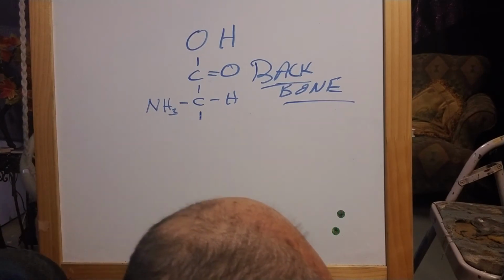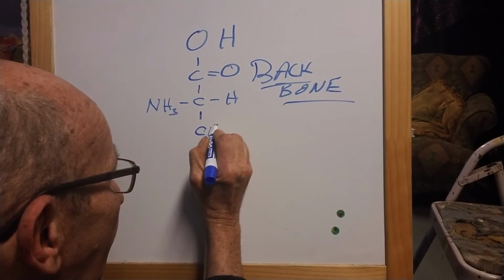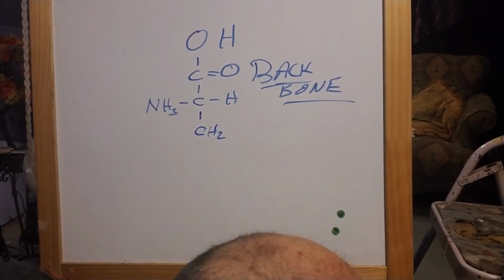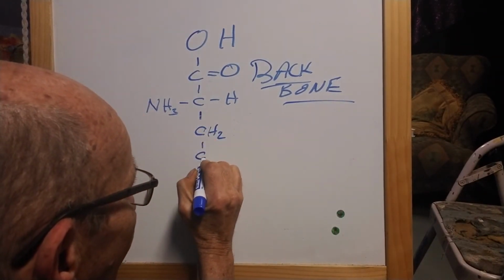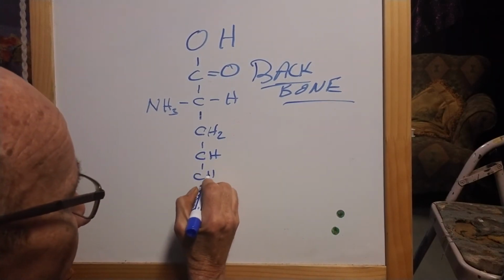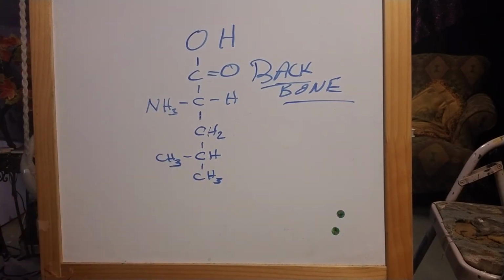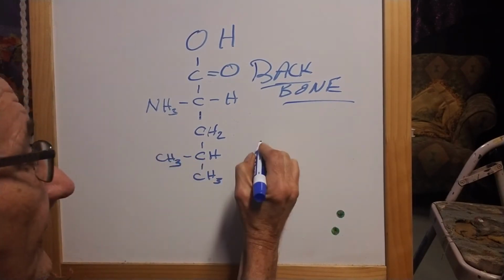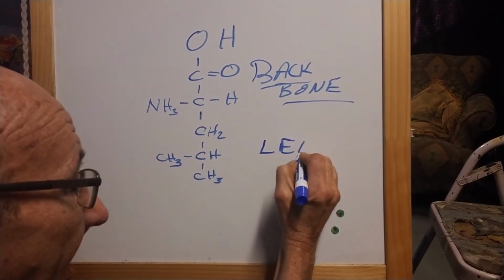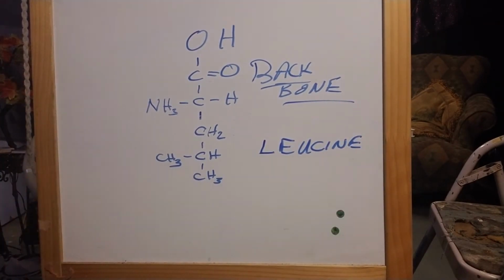And then we've got CH2, CH, with two CHs attached to it, like this. And this is leucine. This is also an essential. You must take this in.